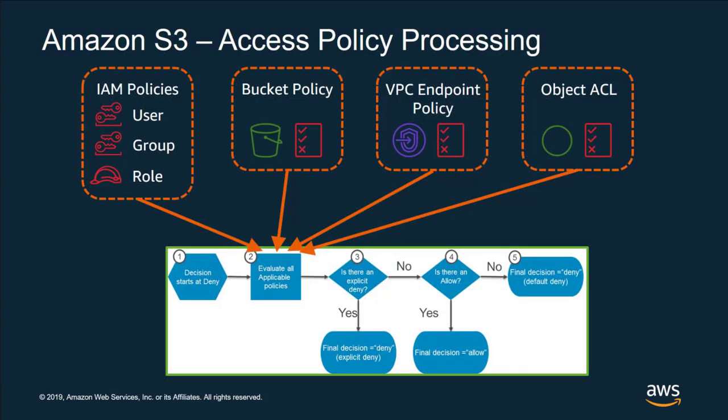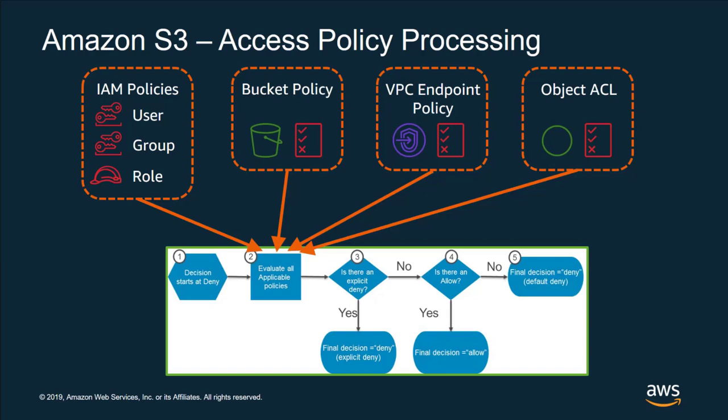Now I covered a lot of different types of access mechanisms. So how does this essentially work? When we get a request, an API call on S3, we look at the unification of all these different types of policies: the IAM policies, the bucket policies, the VPC endpoint policies, the object ACLs.